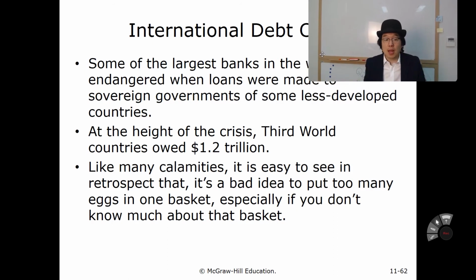Actually, this goes almost together with the currency crisis. We call them twin crisis, right? If you remember chapter 1, we talked about the Mexican peso crisis, the East Asian financial crisis, and the 2008-09 global financial crisis, right?